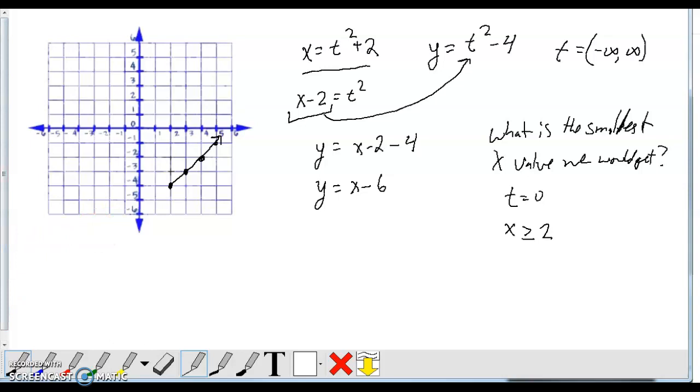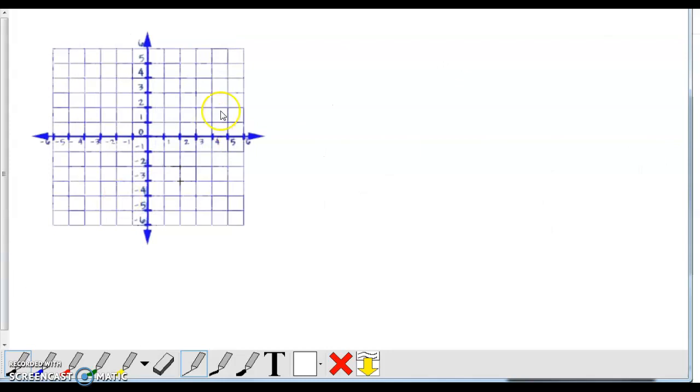All right. Let's get a little trickier. Let's plot some points when we do this one. So x is equal to t squared minus 4. y is equal to t over 2. And let's go back to t between -2 and 3. This one could be a little more challenging because I see a fraction and a squared in it.